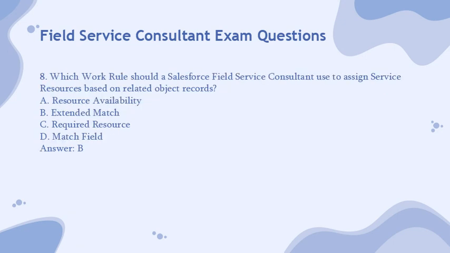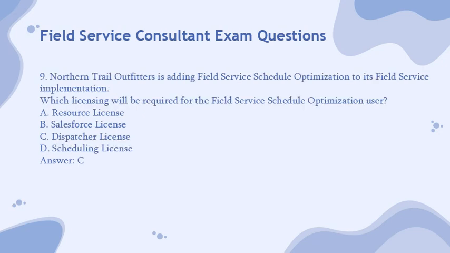8. Which work rule should a Salesforce field service consultant use to assign service resources based on related object records? A. Resource availability, B. Extended match, C. Required resource, D. Match field. Answer: B. 9.